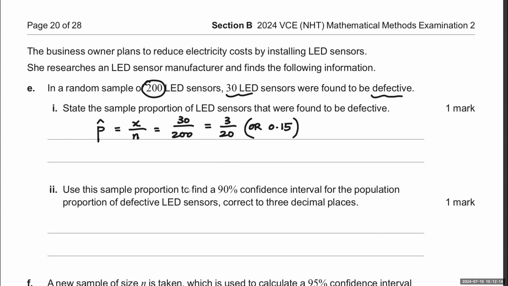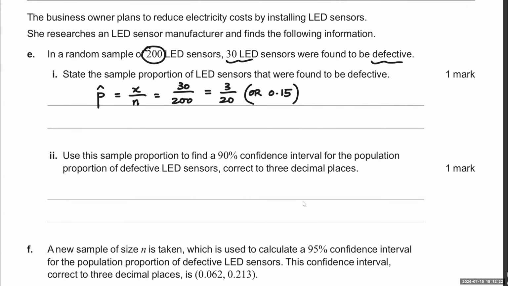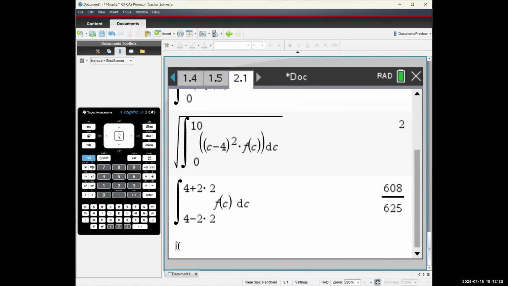Use this sample proportion to find a 90% confidence interval for the population proportion, correct to 3 decimal places. So I think I just go for my CAS calculator using the statistical functionalities. To find the confidence interval for the population proportion, sorry, I'm getting so used to saying population mean value in specialist math.